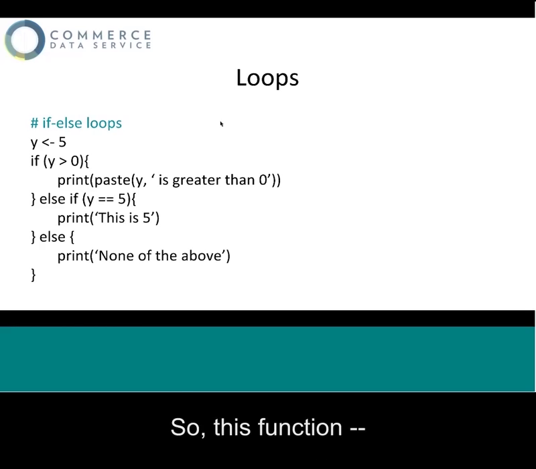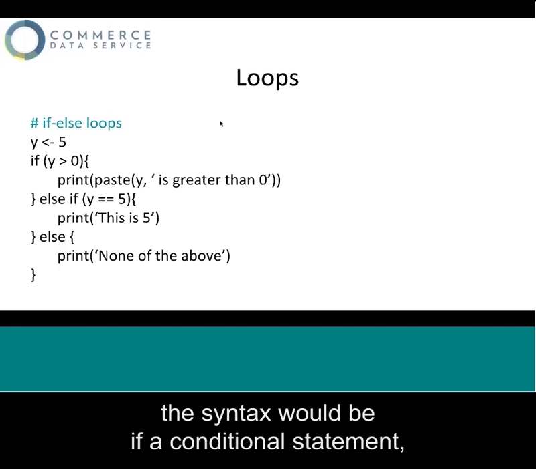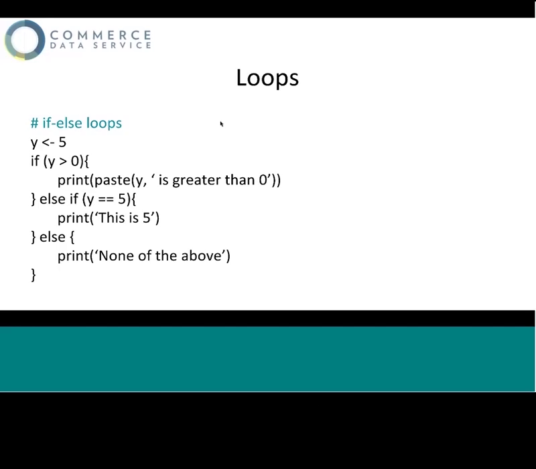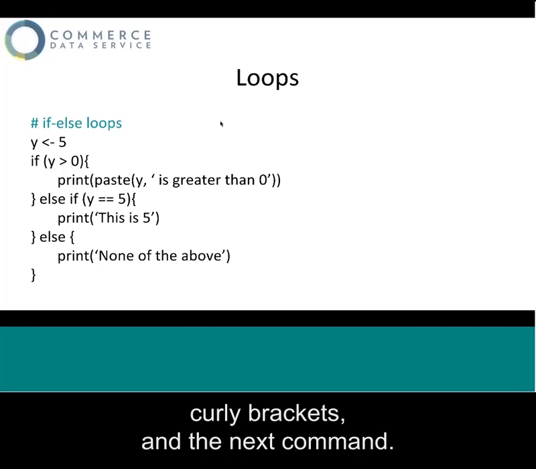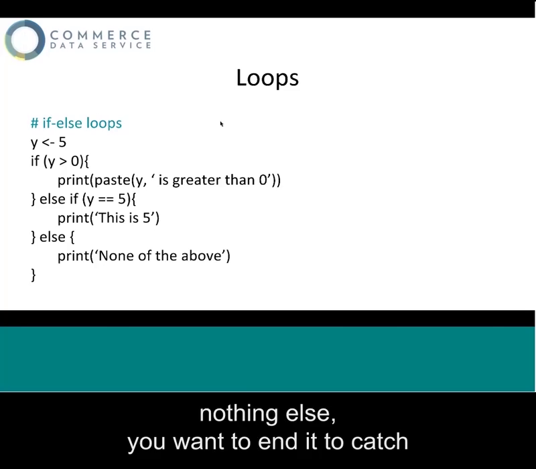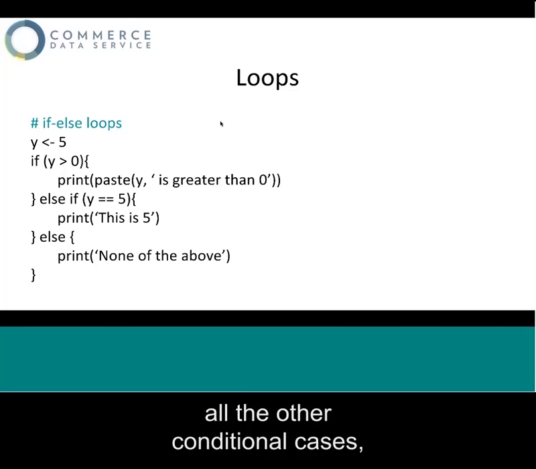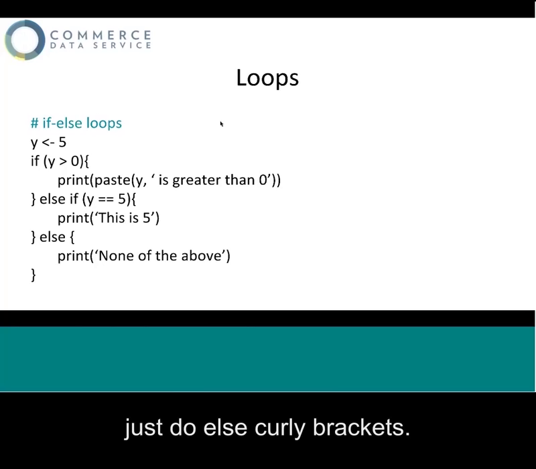The syntax would be: if a conditional statement, then curly brackets with your commands, then else if another conditional statement, curly brackets, the next command. And if you want to catch all the other conditional cases, just do else, curly brackets.